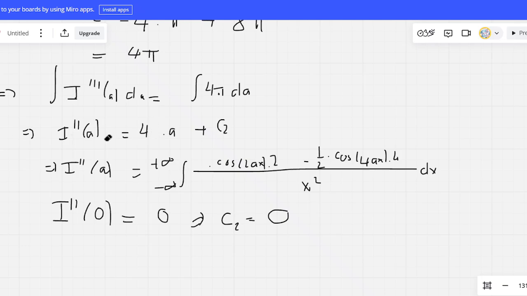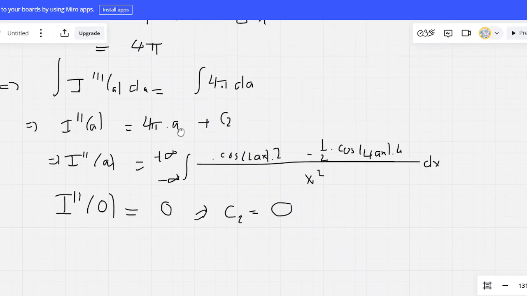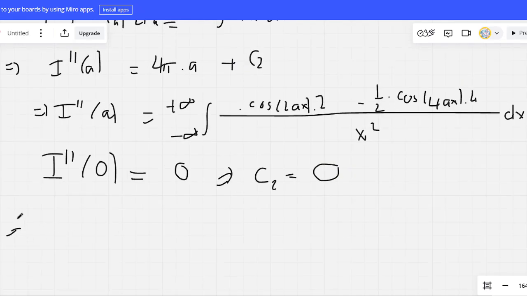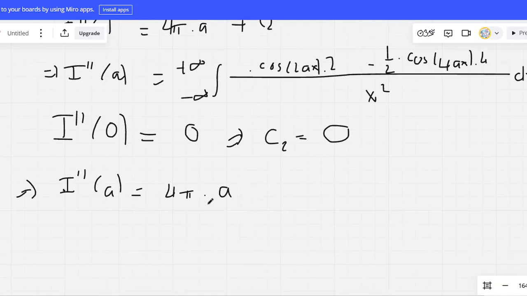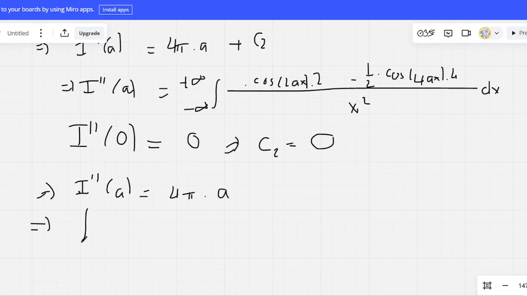We fix this pi, but that pi looks terrible. So we get the second derivative of I equals 4 pi times a. Now let's integrate again to recover back. So the second derivative, integrate both sides here.